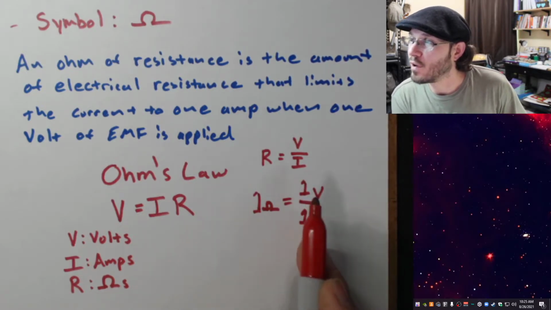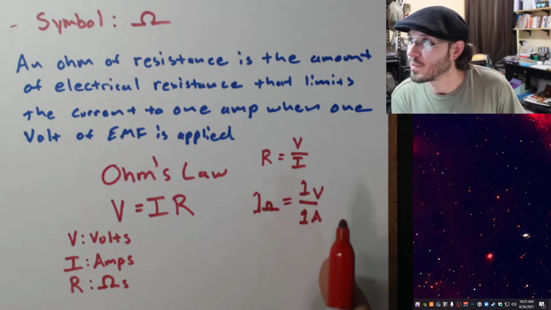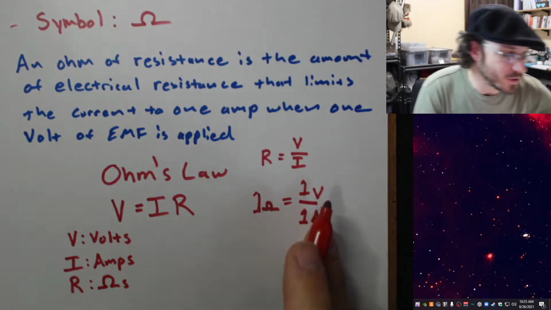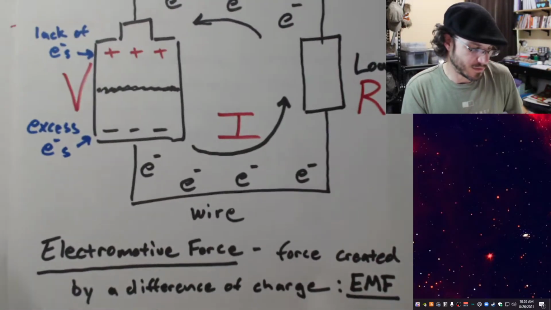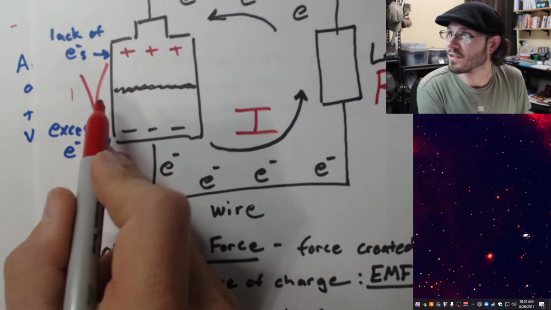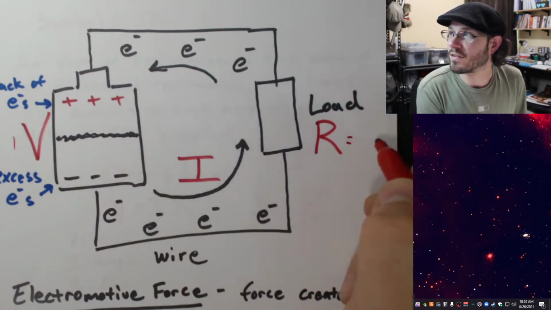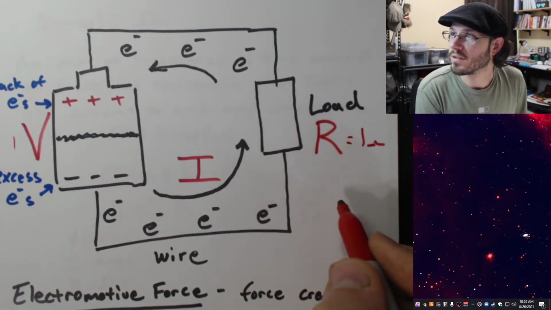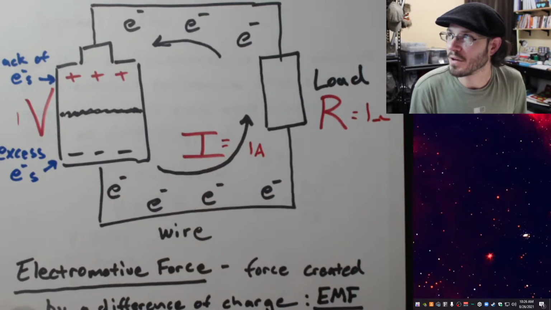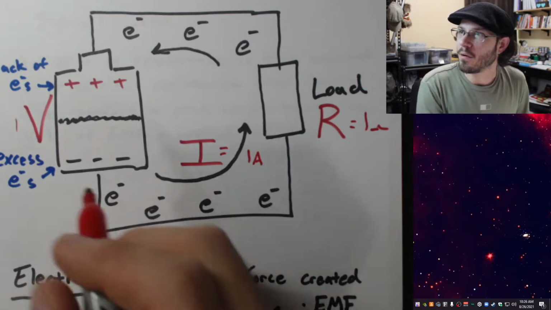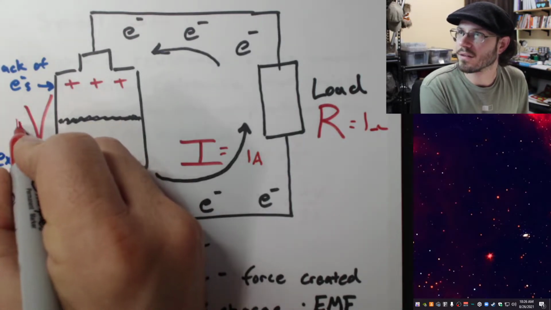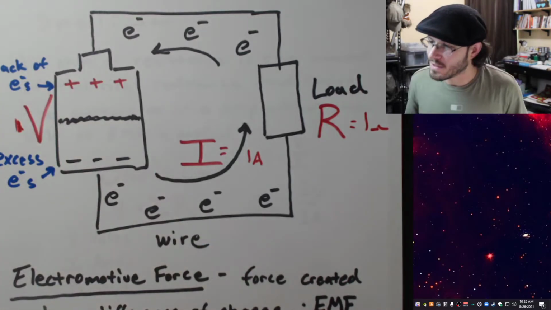If I have 1 volt of force applied to my circuit, and I have 1 ohm, I get 1 amp. Okay? We're going to play around with this when you guys come back.